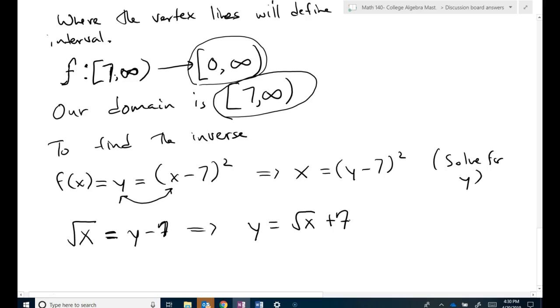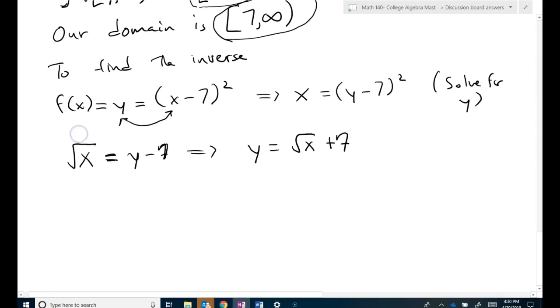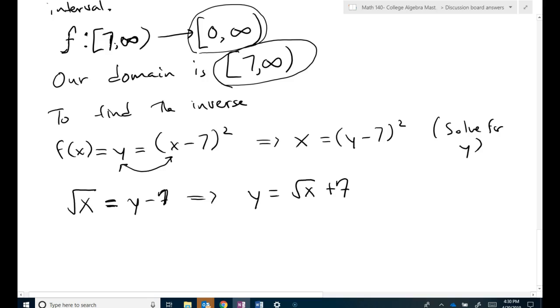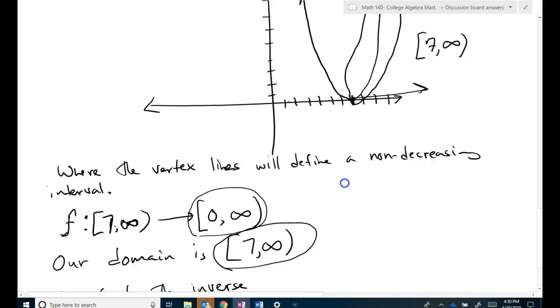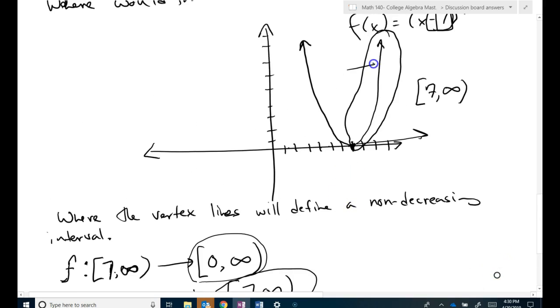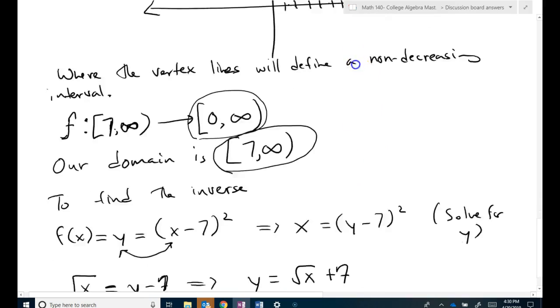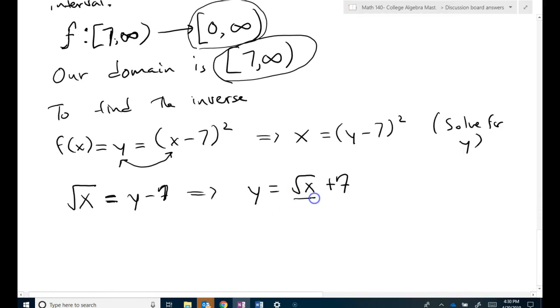Good news, yay. Remember, by restricting the domain, it actually allows us to have the inverse. If we don't restrict the domain, we are not going to be able to get that inverse. That inverse actually does not exist. And because we restricted it to only the positive side, this side over here, that's why we're using the positive square root of x.